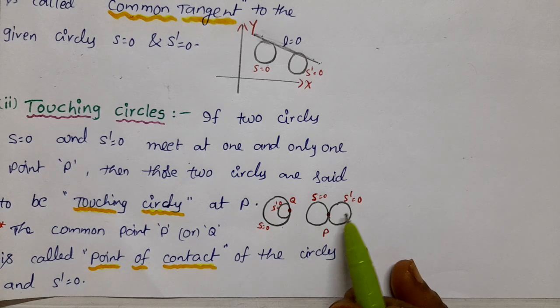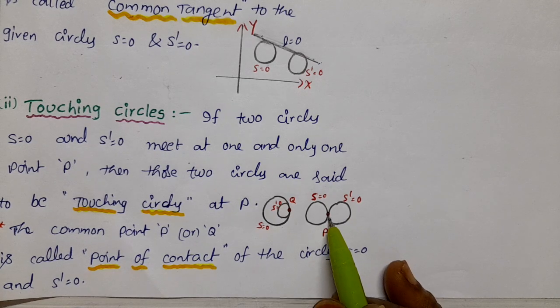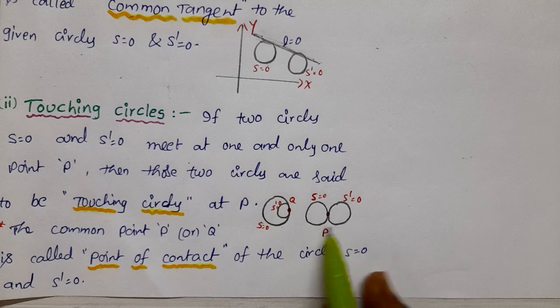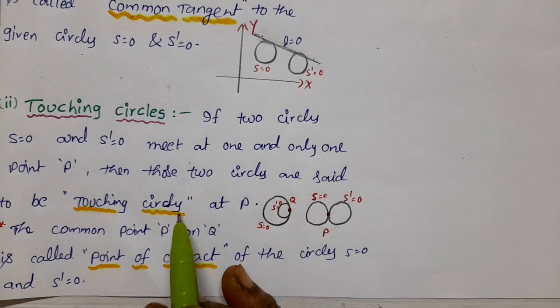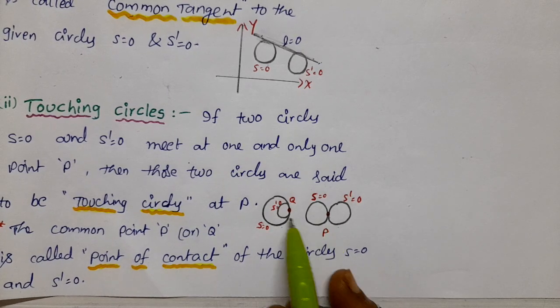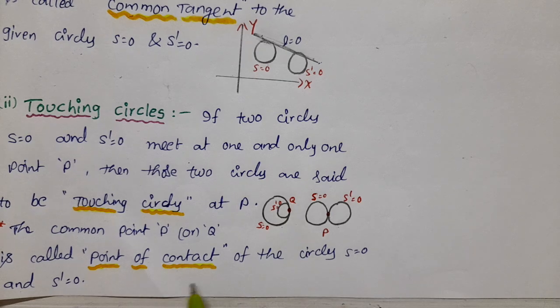If these two circles touch each other at only one point, then those two circles are called touching circles, and this common point is called point of contact.